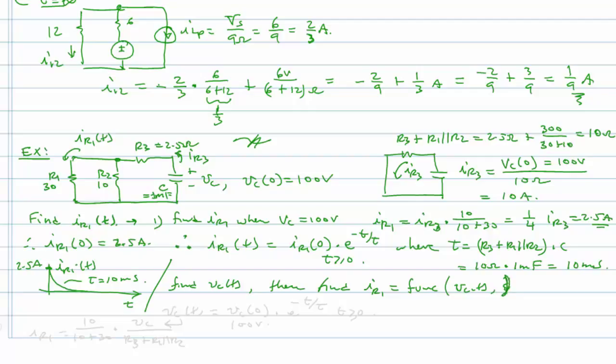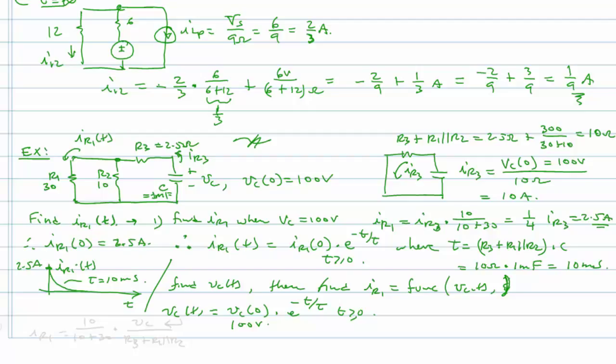Vc of t is going to be an easy find because we start out with some initial capacitor voltage V0, 100 volts, and then it's just going to exponentially decay. So it'll be e to the minus t over tau, where tau is the 10 milliseconds as we found before. Okay, so that's the first part.